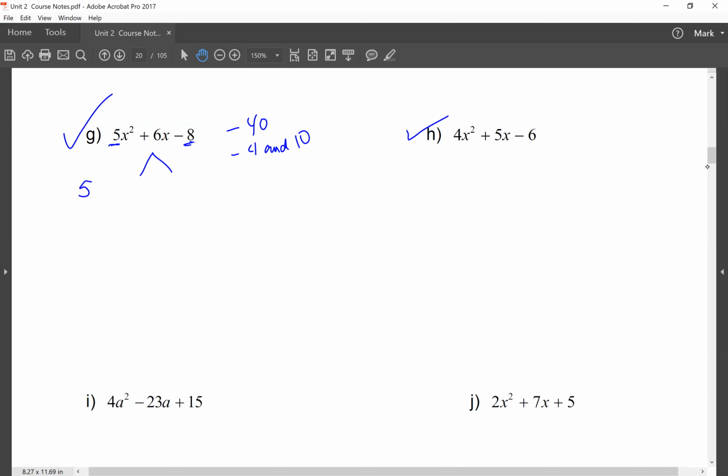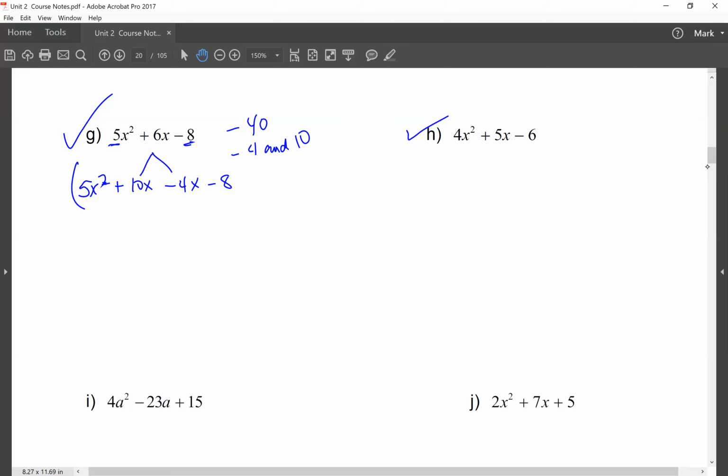So 5x squared plus 10x minus 4x minus 8. It literally would make no difference if you put the minus 4 first and then the 10x. Okay. So now I'm going to factor by grouping.